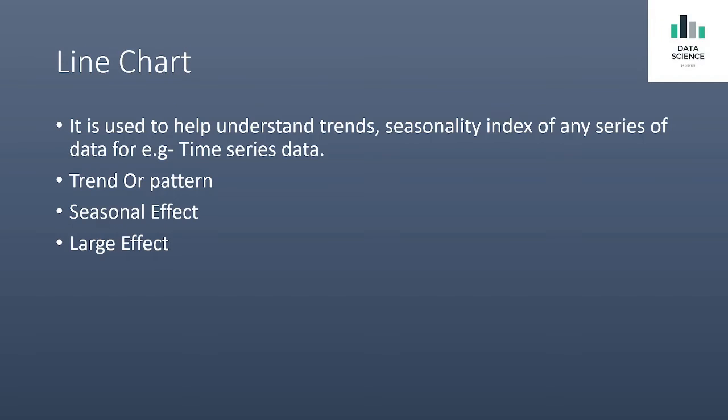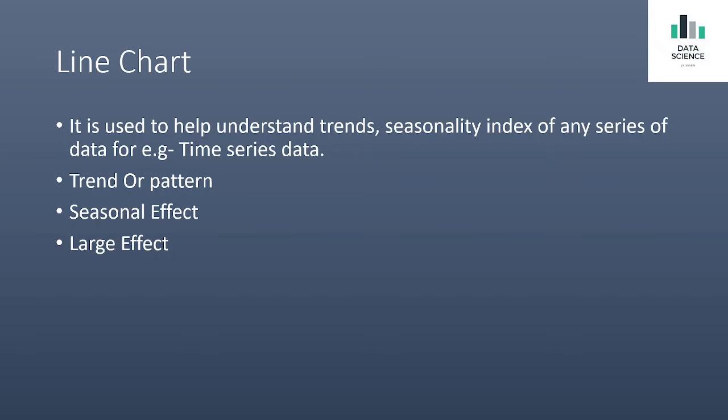Let us take for example a manufacturing company that has its sales data based on time. The time can be weekly, monthly, yearly, quarterly, anything. And we have been given their sales.